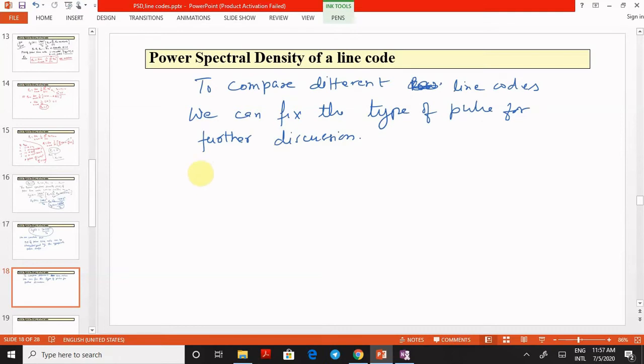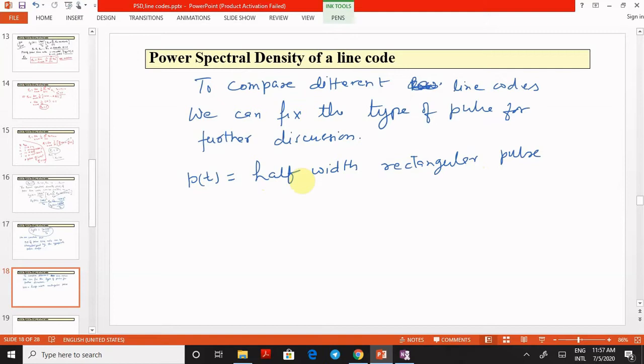So in our discussion, we are taking the pulse p(t), which is a half width rectangular pulse, and we will always take this p(t) as a half width rectangular pulse for the calculation of power spectral density of different line codes.